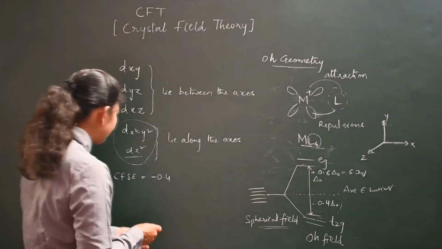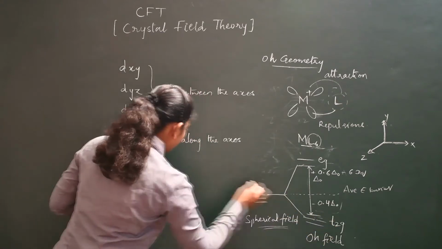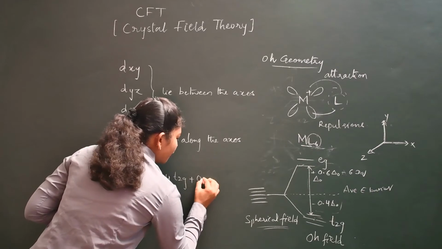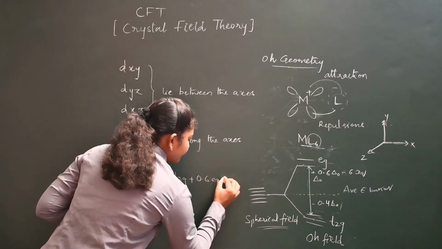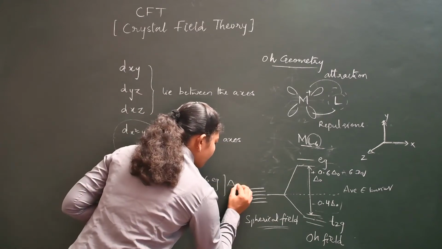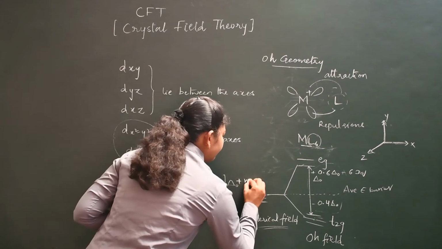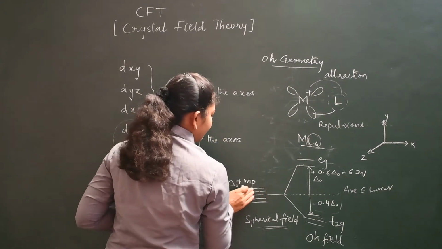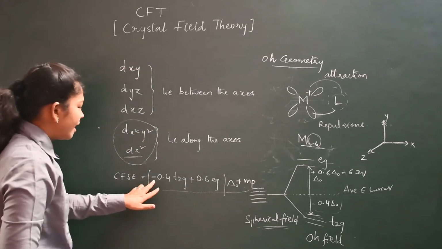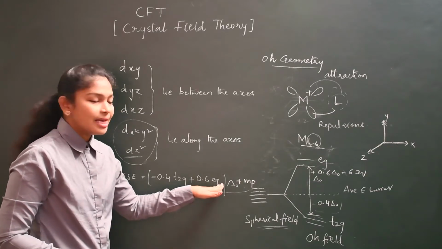Now you write the splitting energy: minus 0.4 T2g plus 0.6 eg, into delta naught, plus mP. Remember this one. So minus 0.4 T2g plus 0.6 eg.